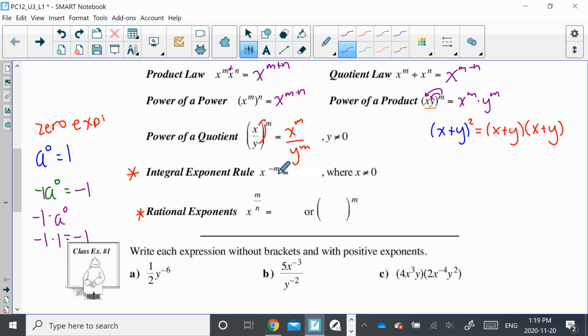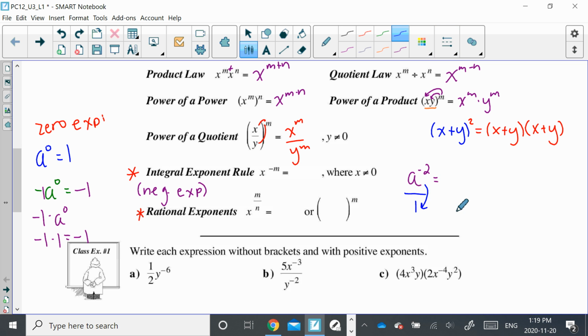The integral exponent is basically the negative exponent. How do we deal with negative exponents? In math, we would never submit an answer with a negative exponent. So if I gave you a to the negative 2, you would say, okay, I need to get rid of that negative 2.